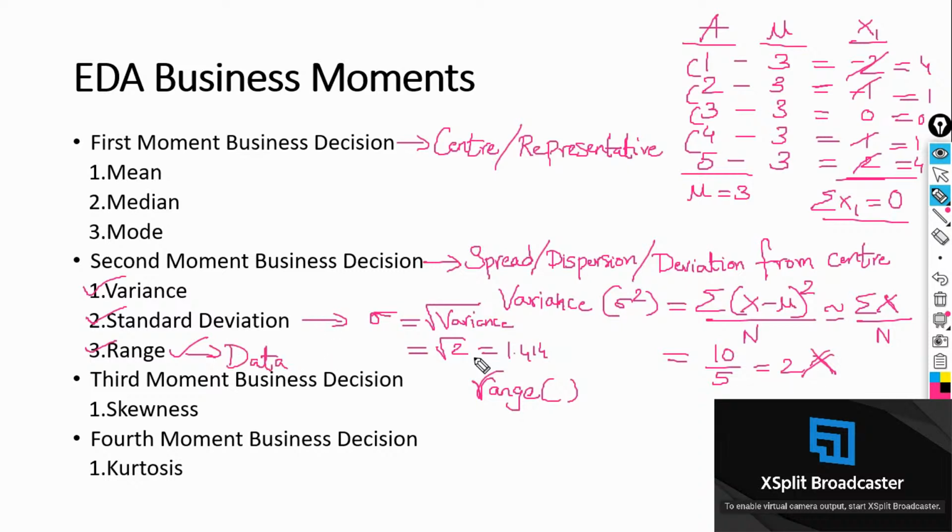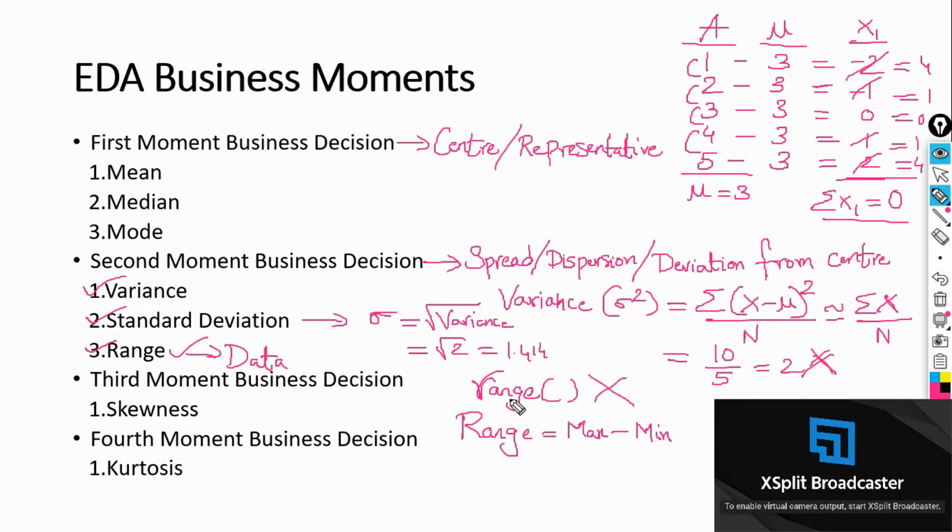And you know what is the formula for range? Range is calculated with max value minus min value, maximum value minus minimum value of the data set. So don't assume the range function that we have understood as part of Python and the range concept that we have with respect to second moment business decision, both are same.